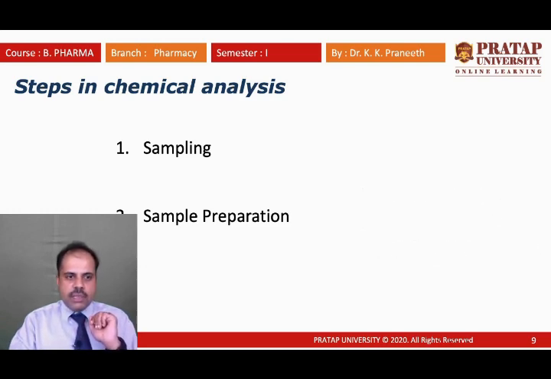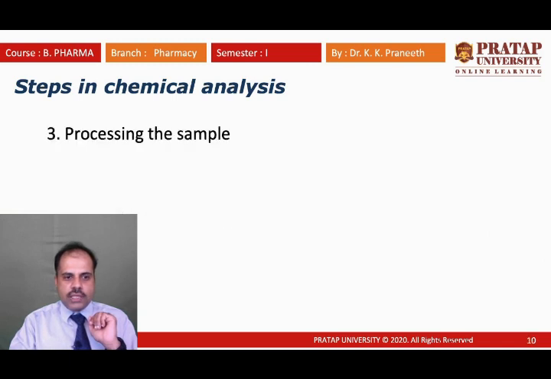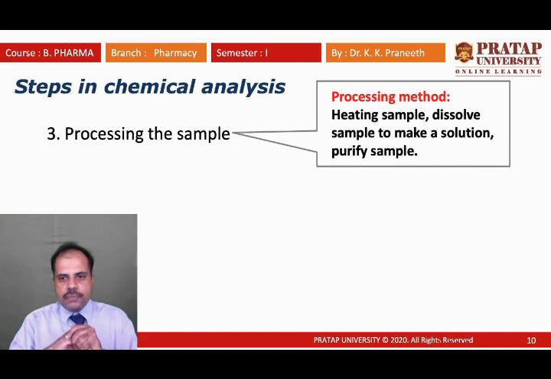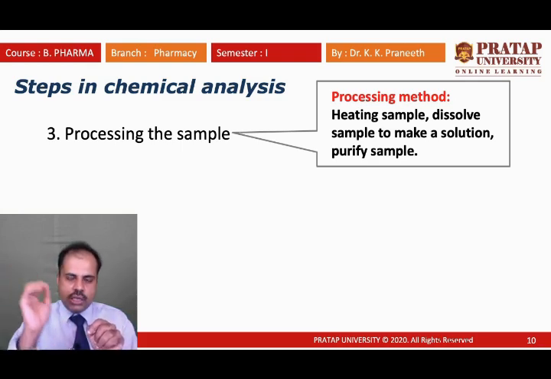The third step involved in the chemical analysis is processing the sample. How to process the sample? By heating the sample to remove any unwanted, easily evaporated volatile compound. For example, if chloroform is present in a sample and you want to remove it, we can simply heat it.